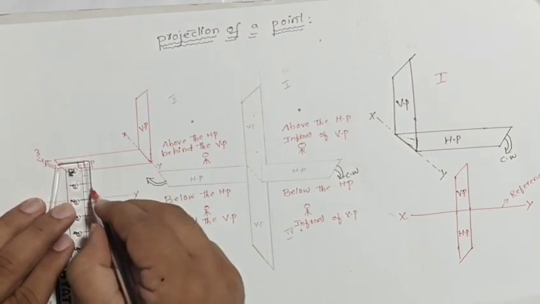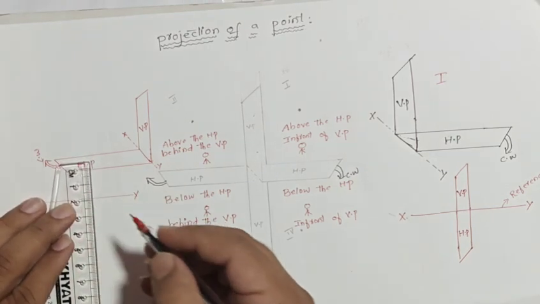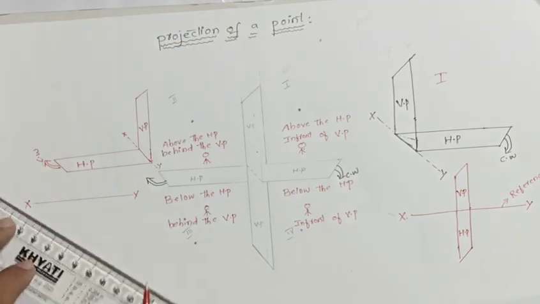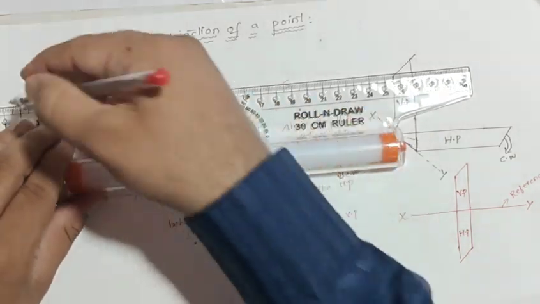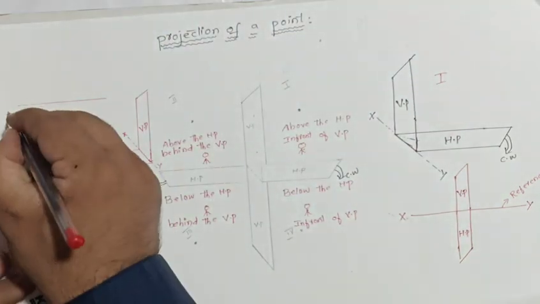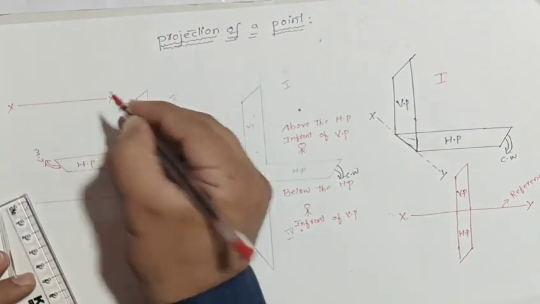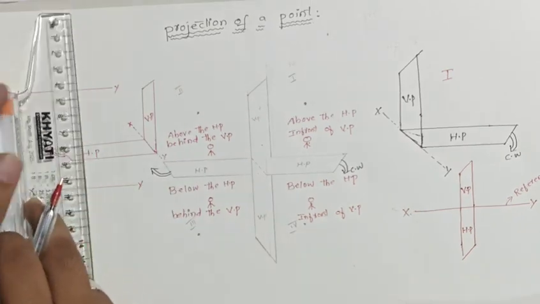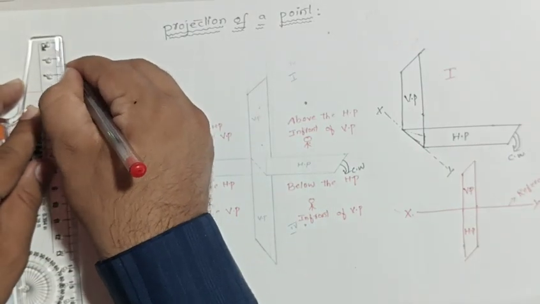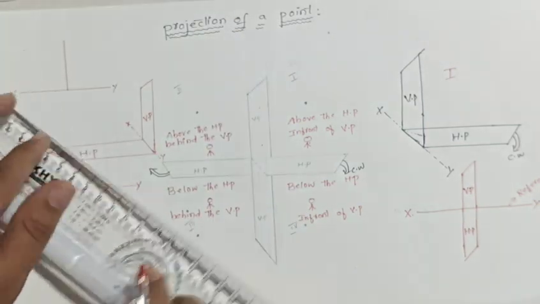So we can draw the figure. This is x and y. VP is rigidly fixed. The VP will not rotate. You know very well.